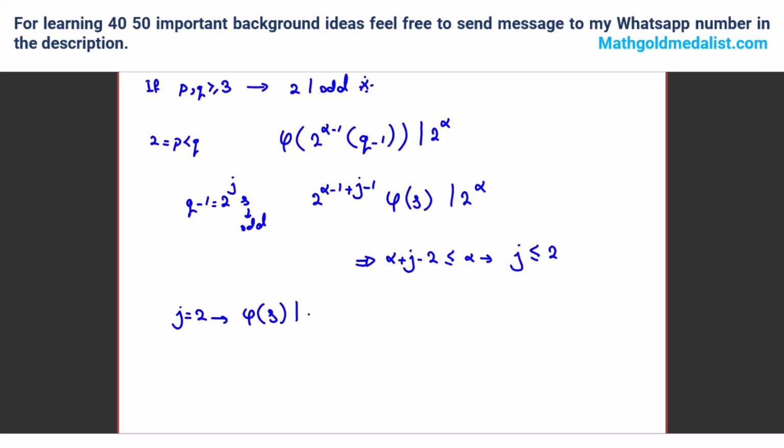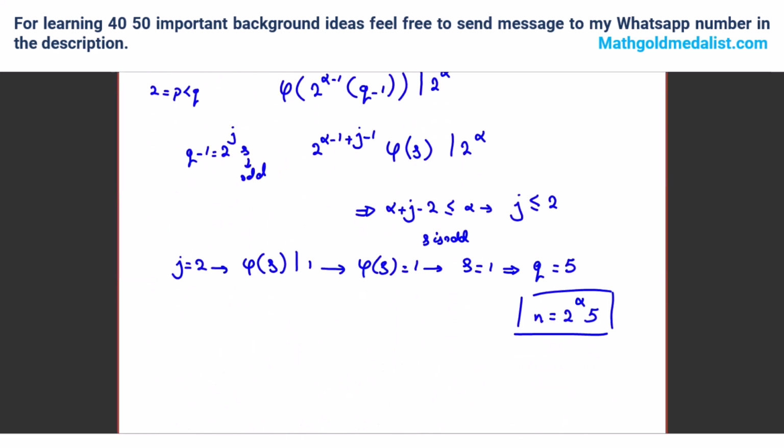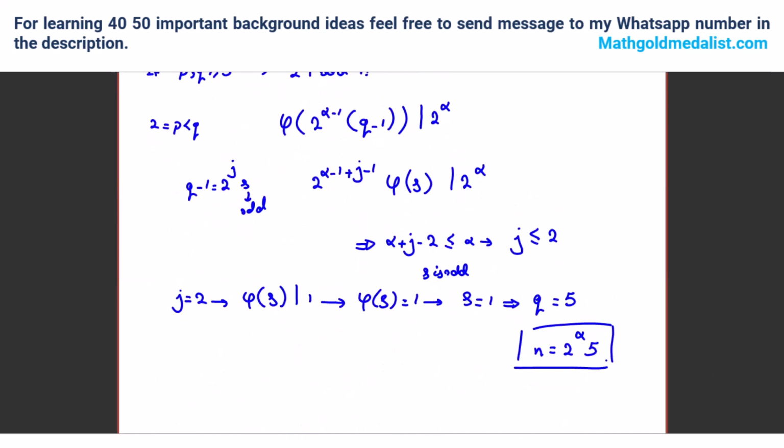Yes, so then by that lemma phi of s is 1, so s is what? s is 1 or 2. Yes, but because s is odd, s is 1 only, right? Right. Okay. So q will be what then? 2 raised to j plus 1, or 2 raised to 2 plus 1, 5. So n is 2 to the alpha times 5, right? Agreed? Agree.